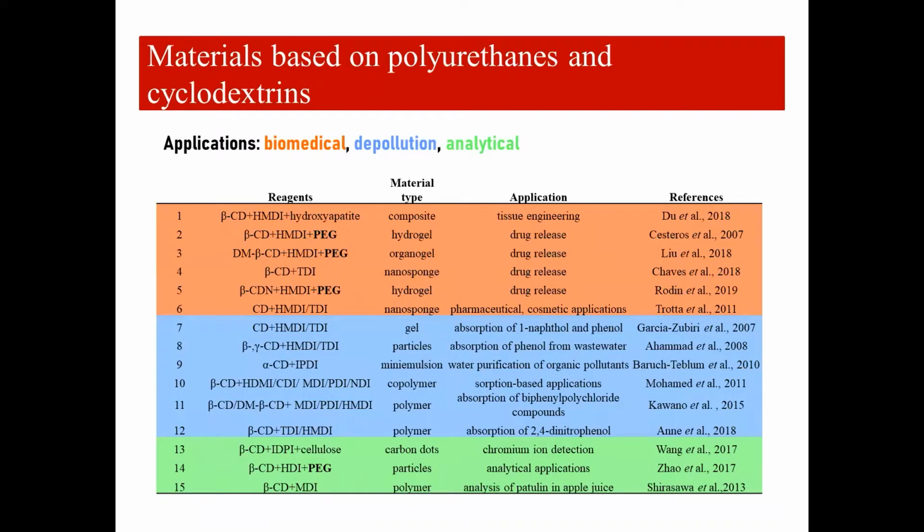In the scientific papers, there is a large variety of polymeric materials based on polyurethane containing both native and chemically modified cyclodextrin. These materials can have potential application in medicine, water depollution, and even in analytical chemistry.